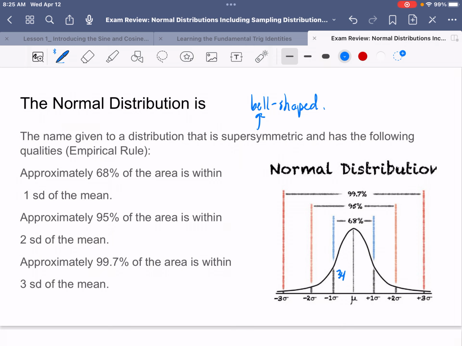So 34% of the data is between one standard deviation below the mean, and 34% is between the mean and one standard deviation above. 95% of the area is within two standard deviations of the mean. So there's a 13.5 here and a 13.5 here, making sure that all those numbers add up to 95%. And 99.7% of the area is within three standard deviations of the mean.